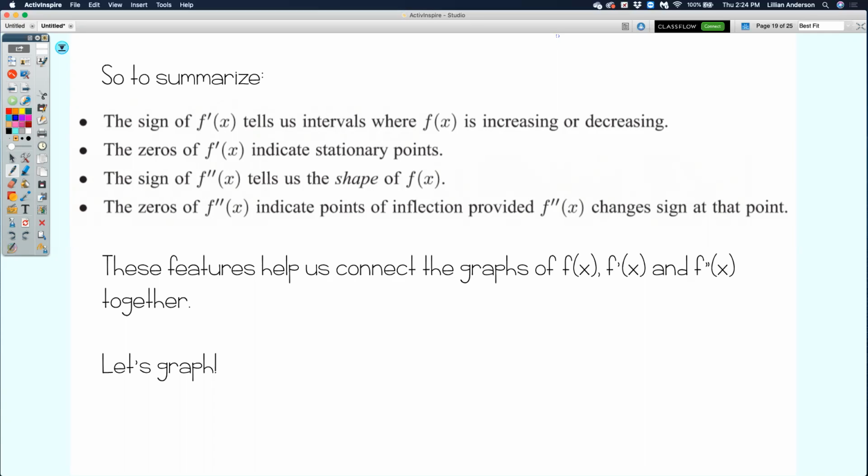You use all those features and a little bit of intuition to connect all the graphs of the original, the first derivative, and the second derivative together. So that's what we're going to be concentrating on today. Lots of graphing. Okay? So let's do that.